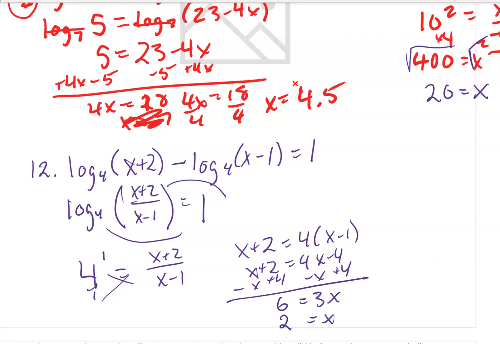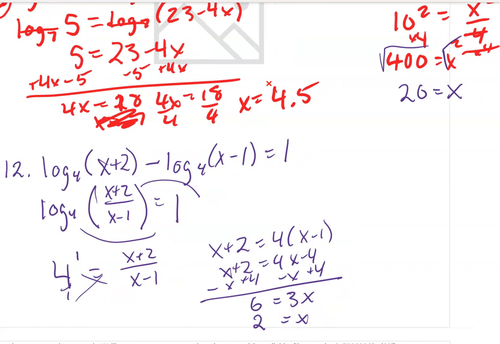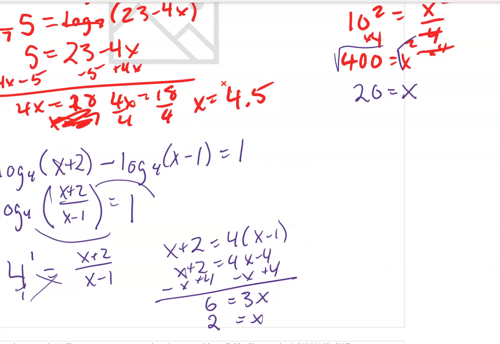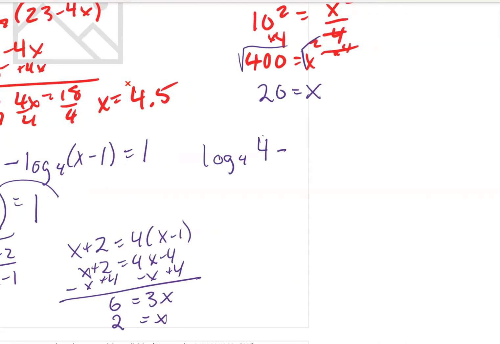And again, if we want to check our work, log base 4 of x plus 2. 2 plus 2 is 4. Minus log base 4 of 2 minus 1 is 1 equals 1.